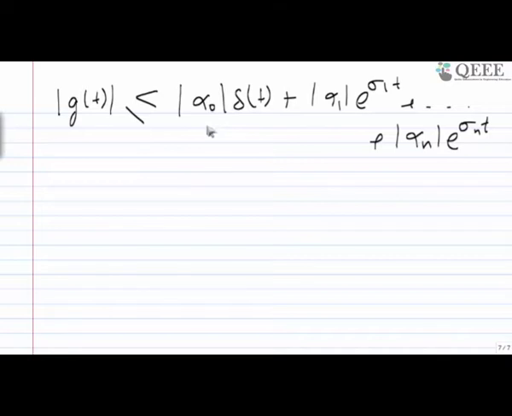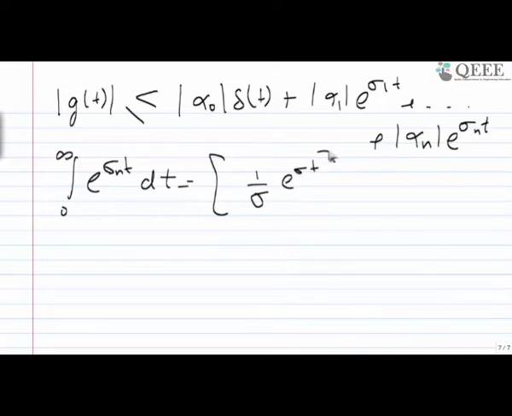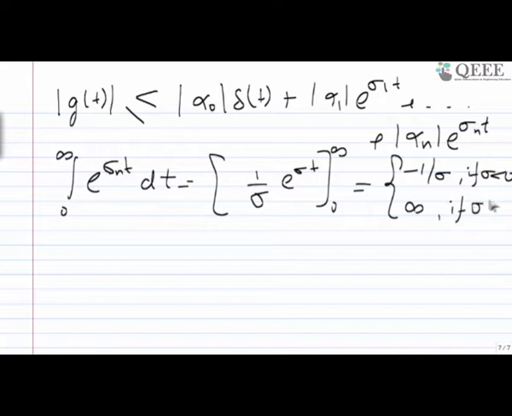now we see separately the integration of the exponential power. If I integrate from 0 to infinity of this exponential e to the power sigma n t dt, what I will get is minus 1 over sigma if sigma is less than 0, and infinity if sigma is greater than or equal to 0.